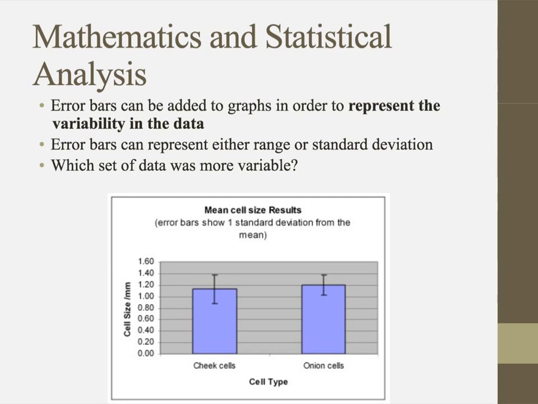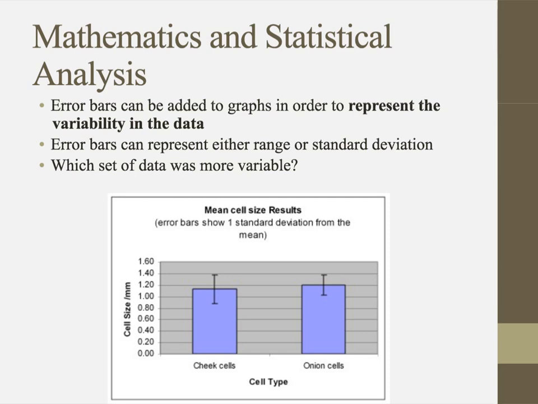So in this graph, I'm looking at the mean cell size of onion cells and cheek cells. Judging on where the bars are, I can see that onion cells have a higher mean than cheek cells.